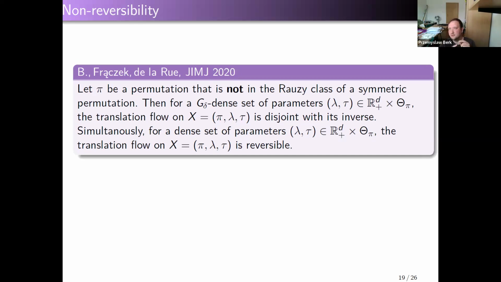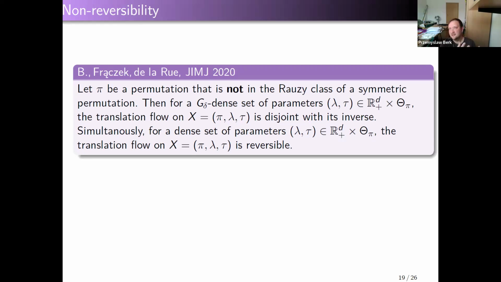So moving forward and moving backward are completely different things. As long as your combinatorial data loses the symmetry, you lose symmetry on the level of the flows as well.